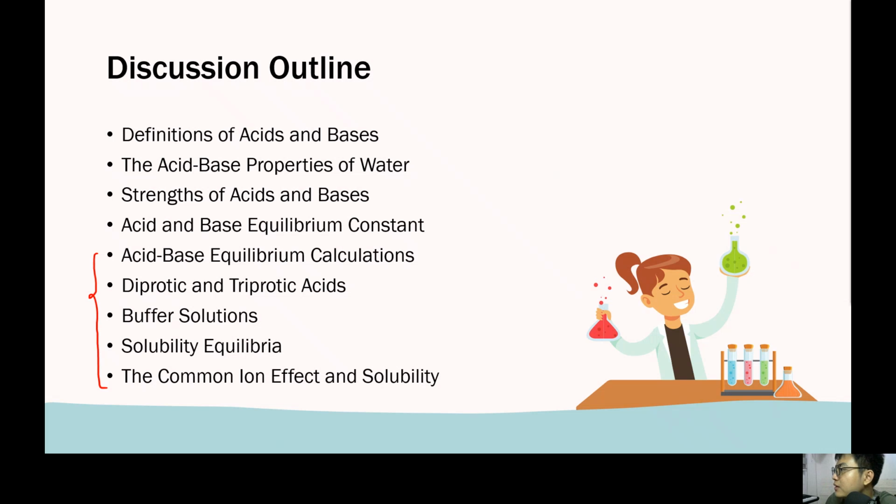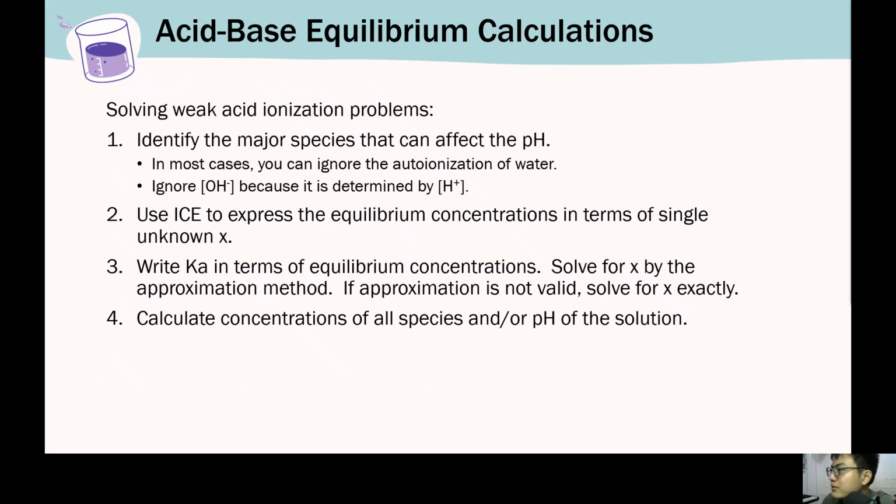In doing acid-base equilibrium calculations, this is just an application of your ice table, and we can actually use this to get the ionization, the percent ionization, the concentration of the substances at equilibrium, or even the pH of the solution.